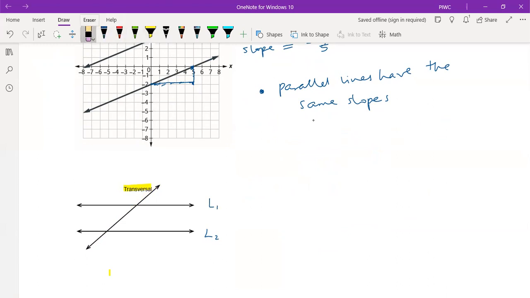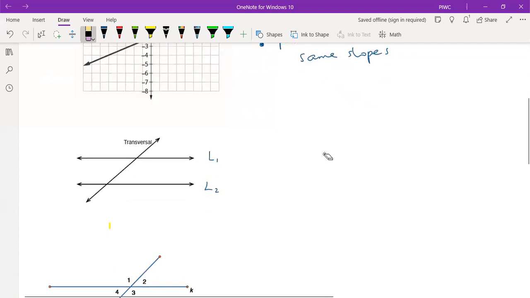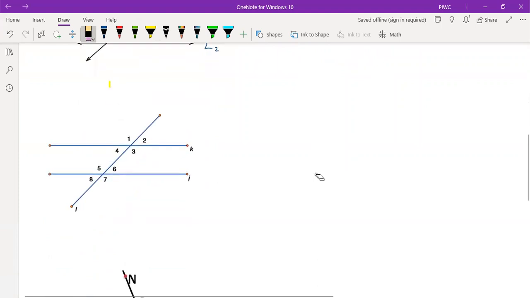Now the transversal gives the parallel lines some properties or identities. And we're going to look at some of them, okay? This transversal here, let's label that the transversal.